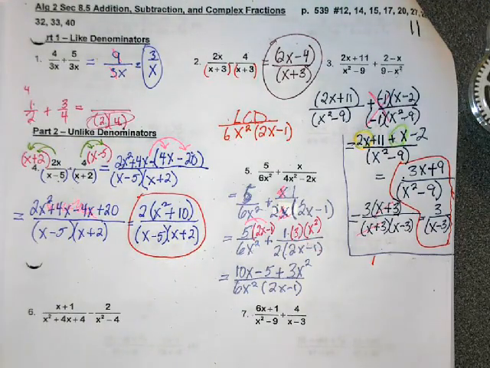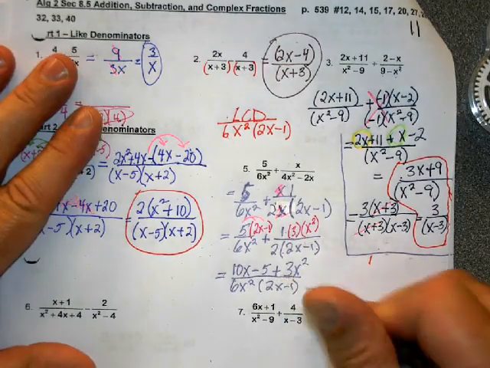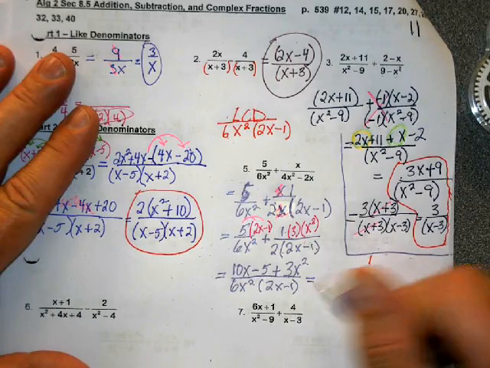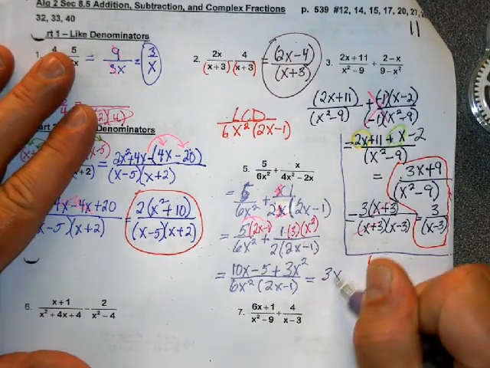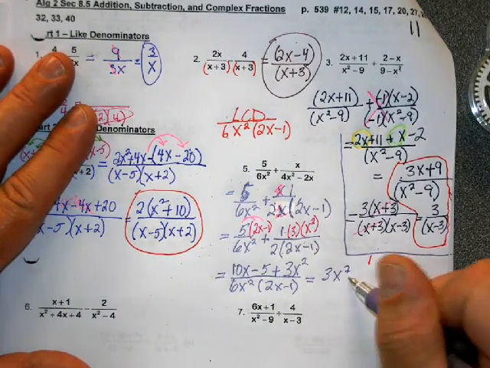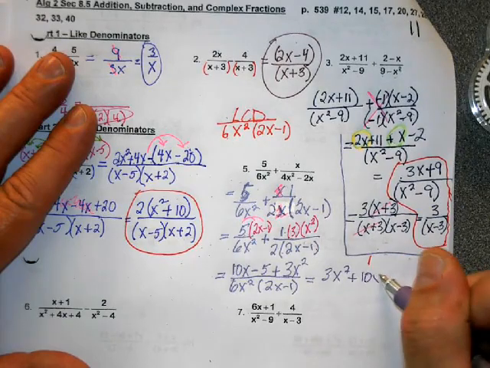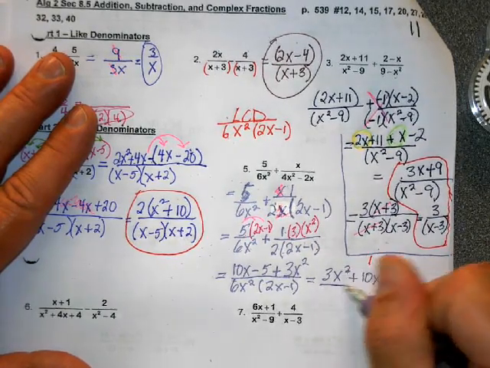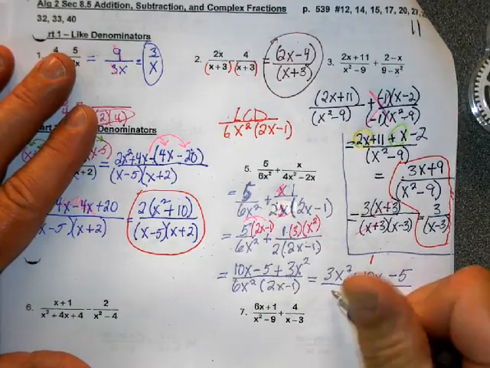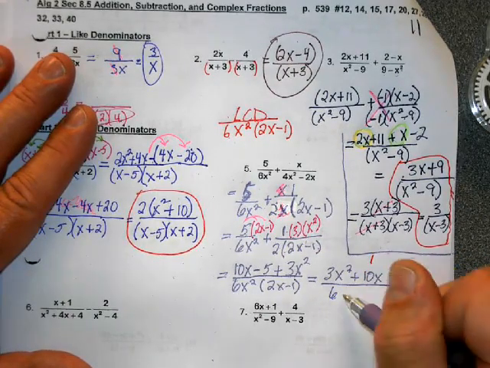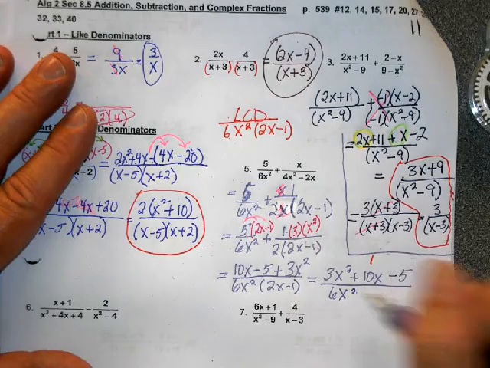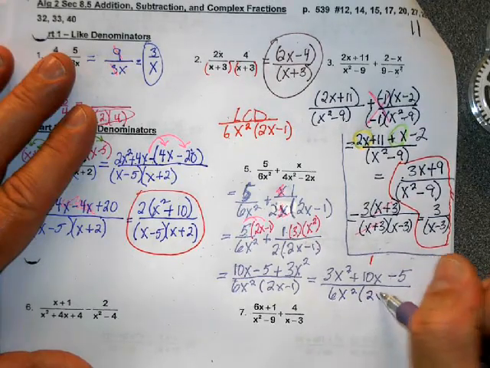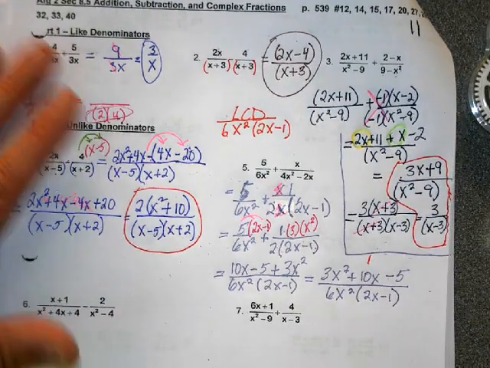Okay, I'm going to put this in standard form. So I have 3x squared plus 10x minus 5 all over 6x squared times 2x minus 1.